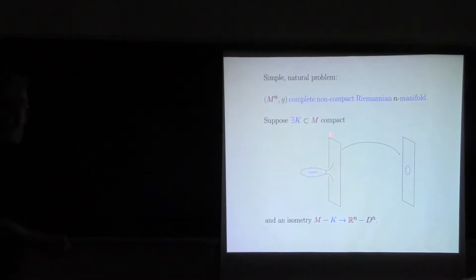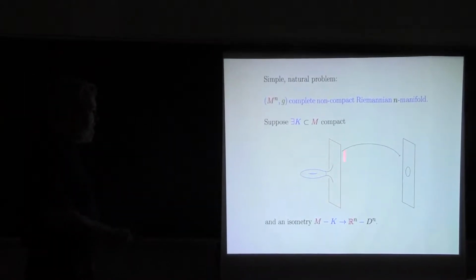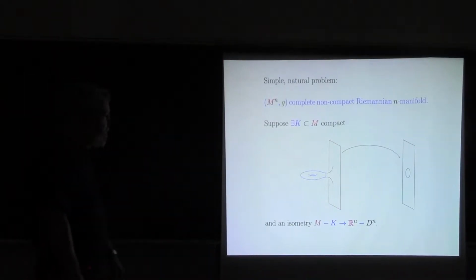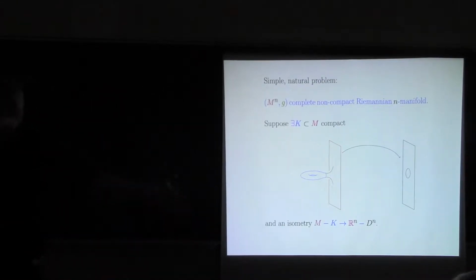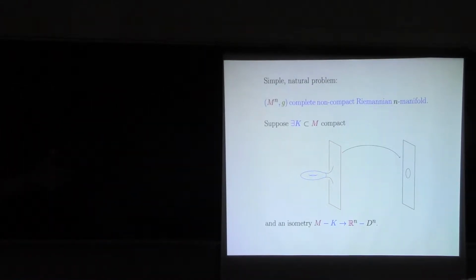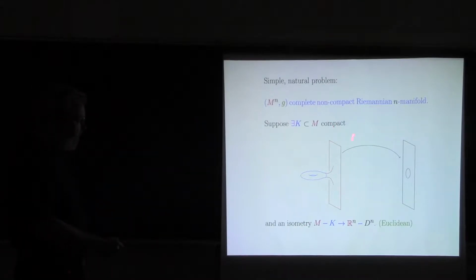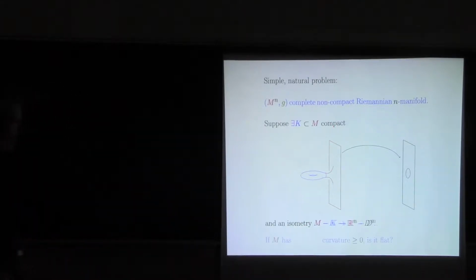Now you could ask, does this imply that the manifold is flat? Well, certainly not. I've drawn a picture showing how you can get examples. You take some piece of the plane, change the topology, and you can change the curvature in the process. It won't be flat. But we assume that it's dead-on Euclidean outside of this compact set.